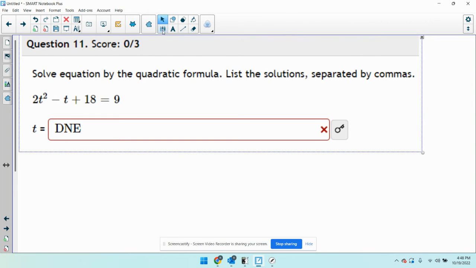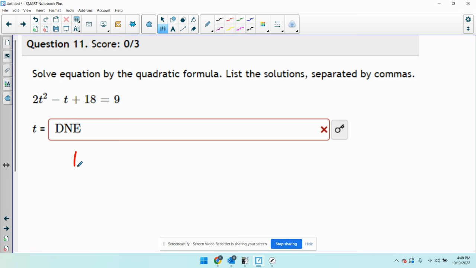So when we do this out, we're going to get T equals negative B, which is positive 1, plus or minus the square root of 1 minus 4 times 2 times 18, all over 2 times 2, which is 4.